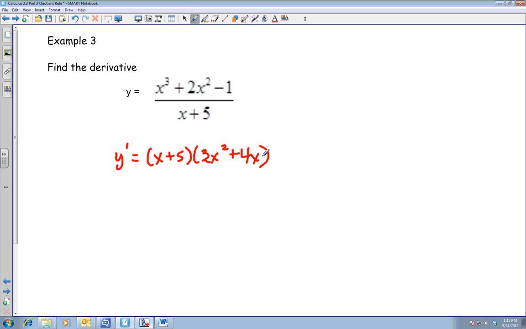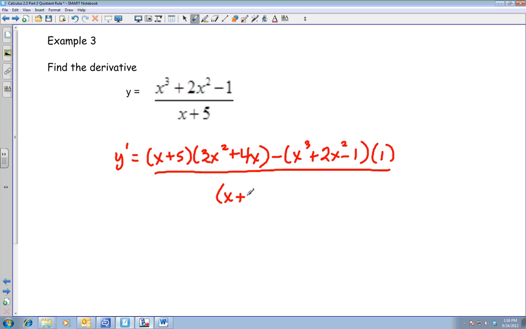So low d high minus high d low. So my high term times the derivative of my bottom term, all over my bottom term squared.